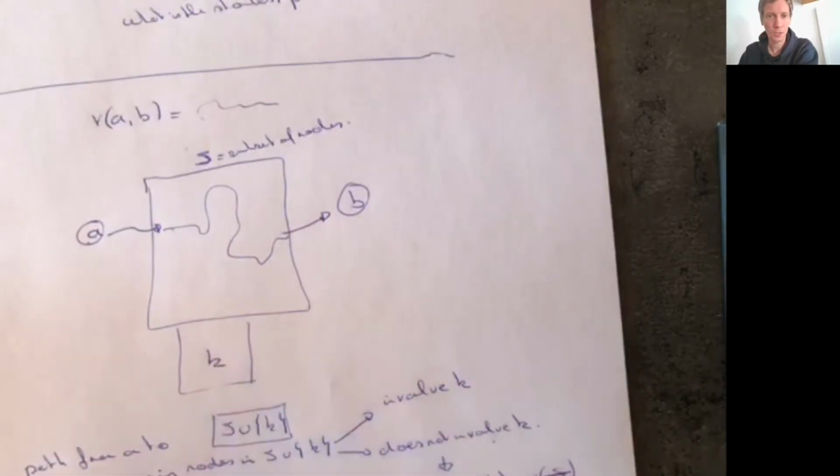Okay. Now assume that it involves the node K. Then how is the path going to look like?